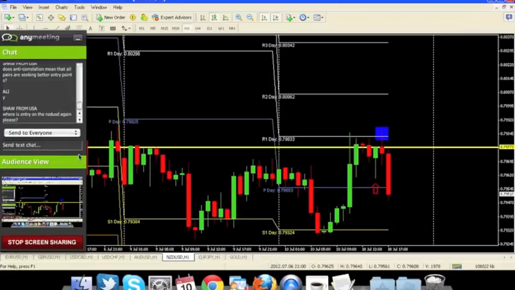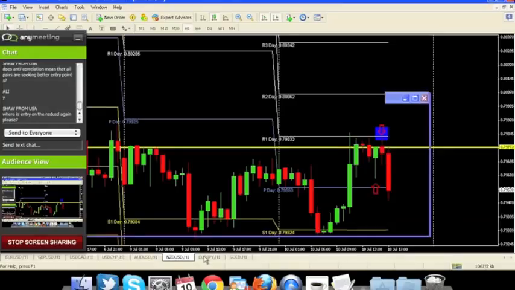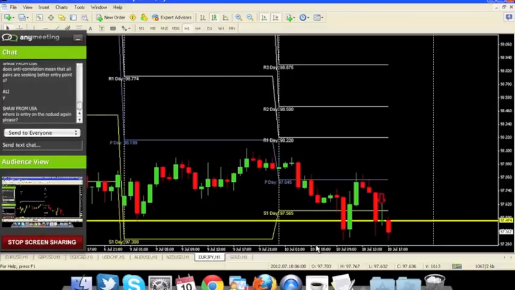Shaw is saying, where is the entry on the New Zealand dollar again, please? Right here, this exact point where you see it bouncing off of resistance. You know for a fact from this particular candle that New Zealand dollar is going to go north. It goes north. And because you have an anti-correlation from New Zealand dollar, you know that Euro Yen might be affected by it.